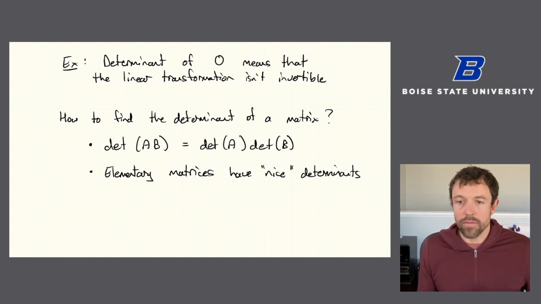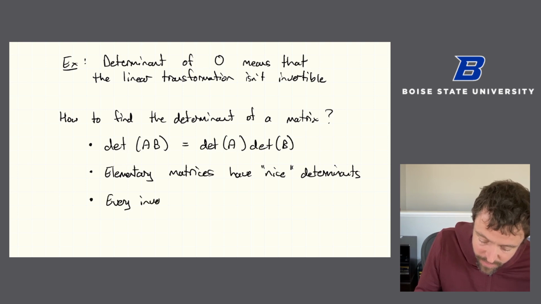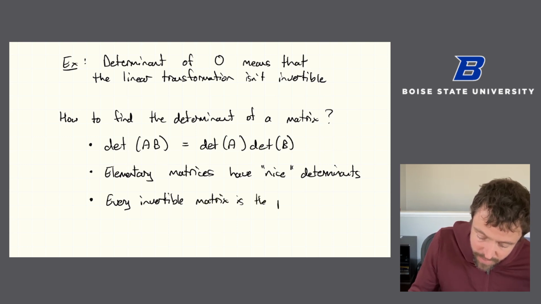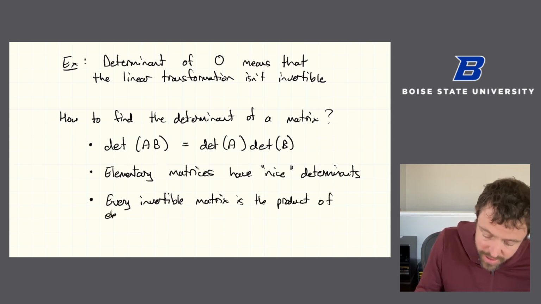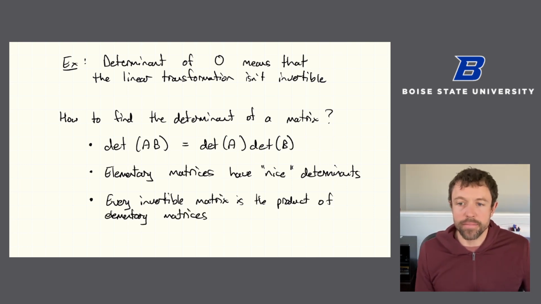And finally, one thing we've used, for instance, when we were finding inverses of matrices, is that every invertible matrix is the product of elementary matrices, right? This is what allowed us to find the inverse. We just applied a bunch of elementary row operations until we got the identity.